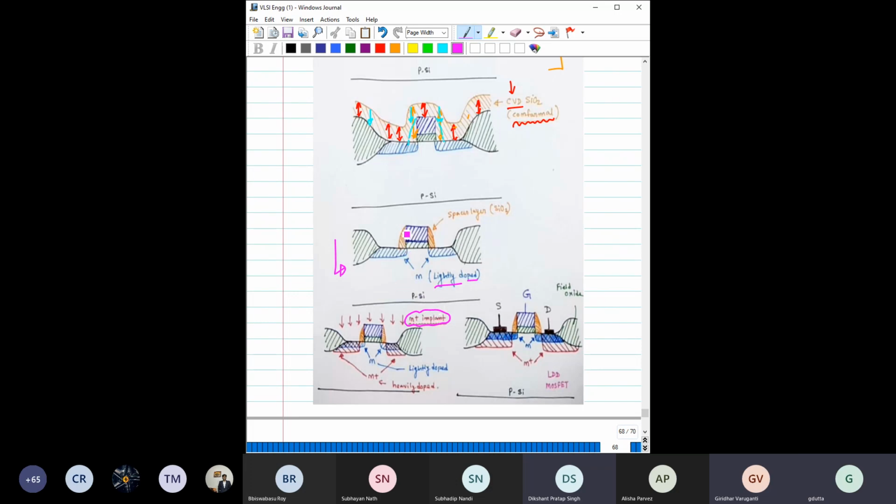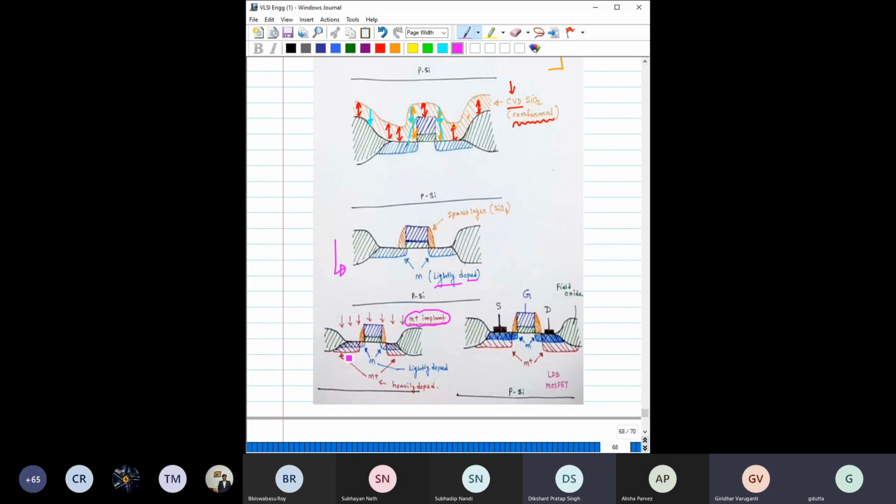But the dopant will be prevented by this thick oxide on this side, and relatively thin oxide on this side. As a result, the doping profile would look something like this.